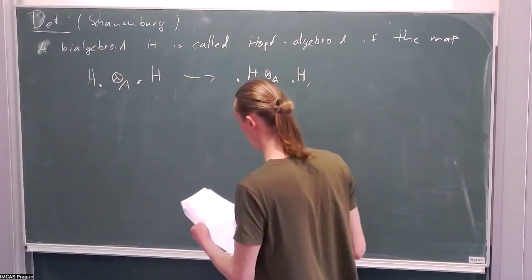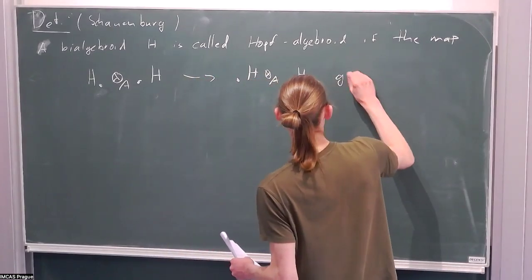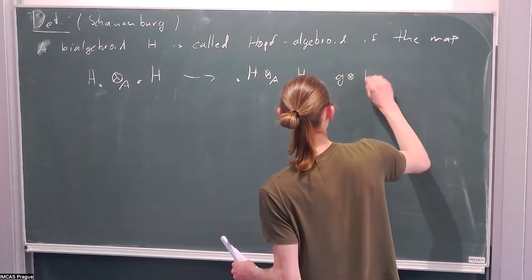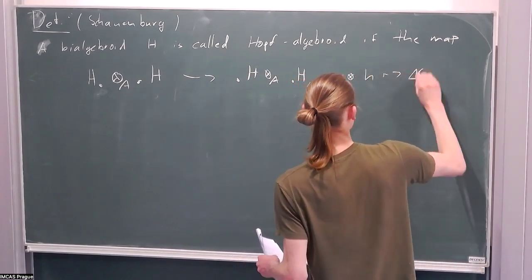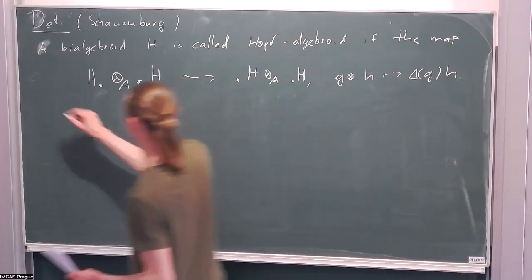And it's defined the same way as before. It sends g tensor h to delta(g) h. And this should be bijective.